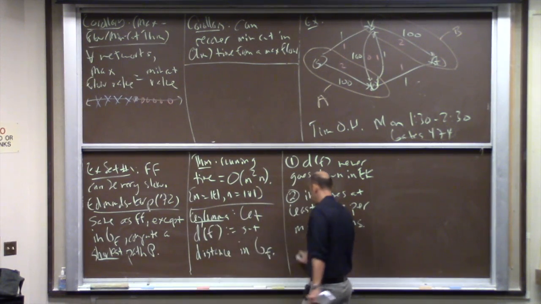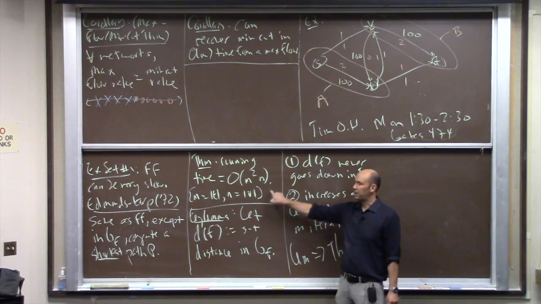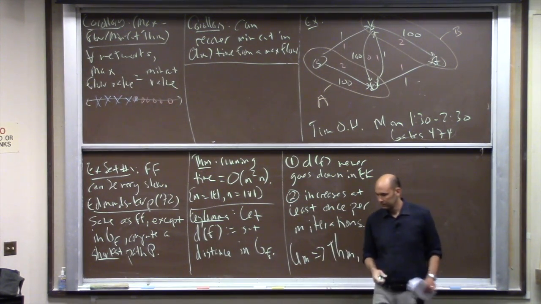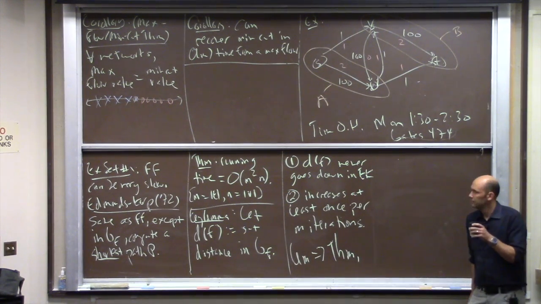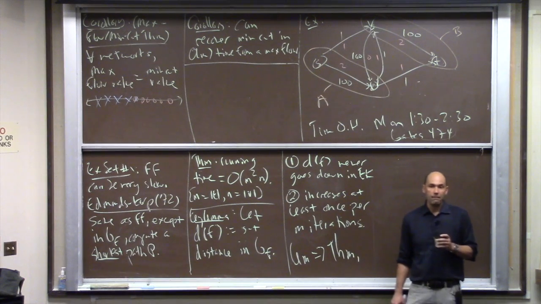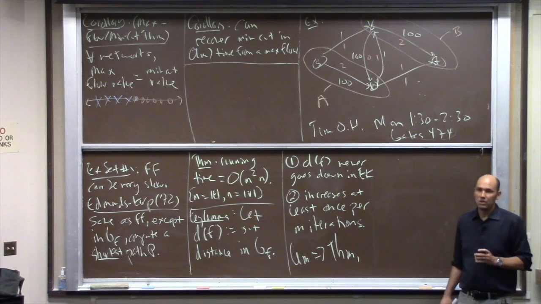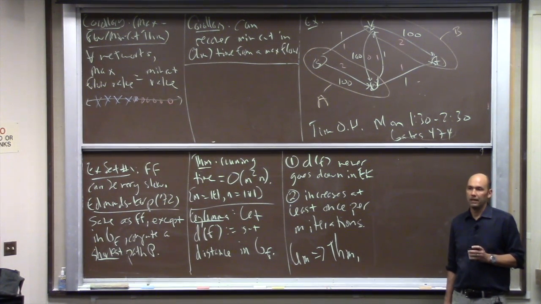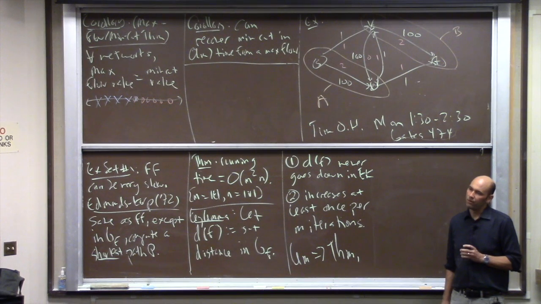Do you see why this lemma implies our theorem? So first, instead of running time, let's just think about the number of iterations. So again, assuming that this lemma is true, how many iterations could the Edmonds-Karp algorithm possibly execute before terminating? So how far apart can S and T be before they're disconnected?